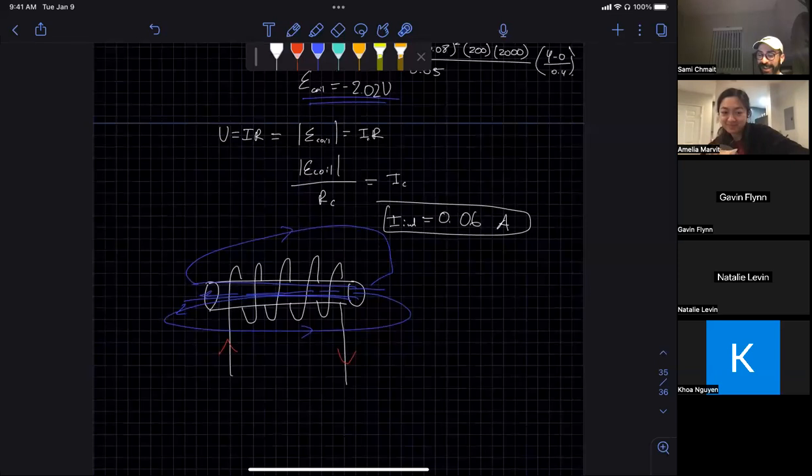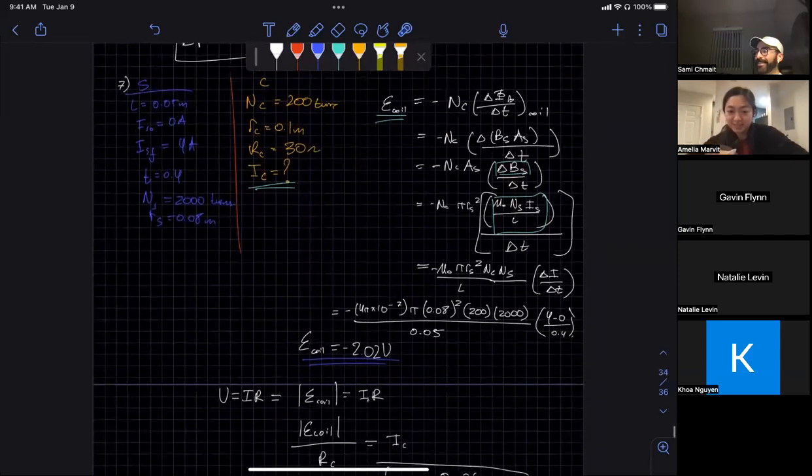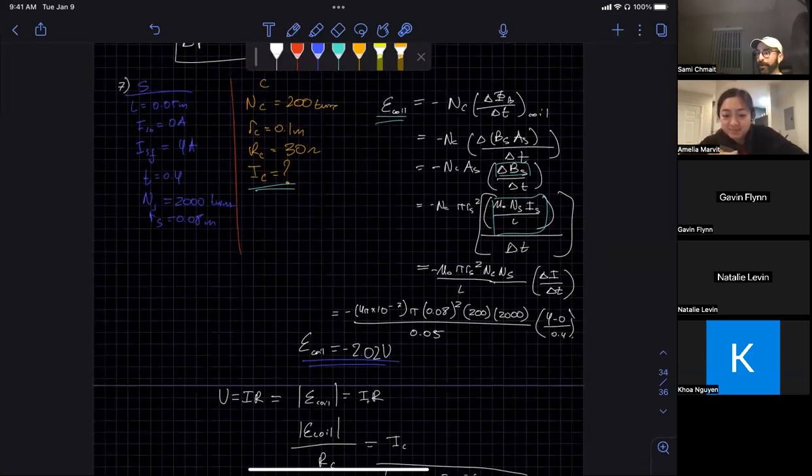That's funny. Okay, so we have an induced EMF on a coil, and we know the flux is going through it. So we need to find that magnetic flux, but we're dealing with a solenoid. So we're going to use the B field through a solenoid equation. That's what we do, that substitution right here, and right here. And we plug it in, factor out what we can, such that what only remains is what's changing over time, right?